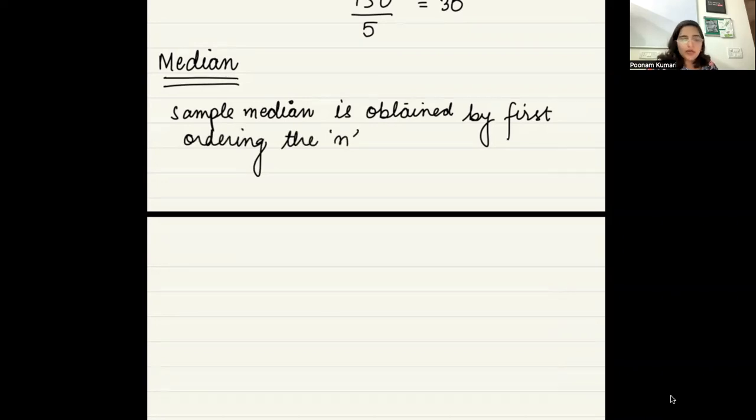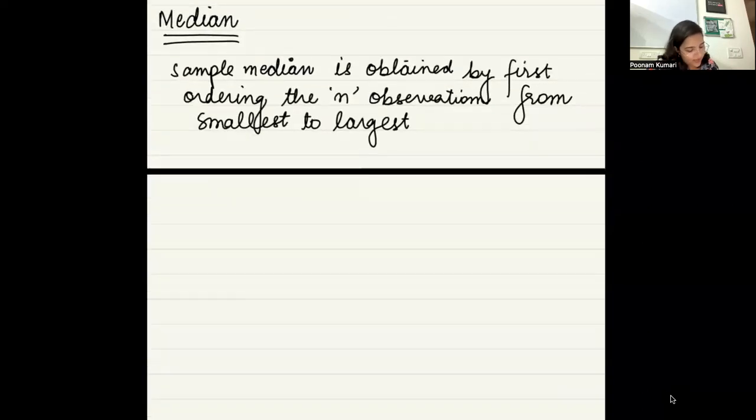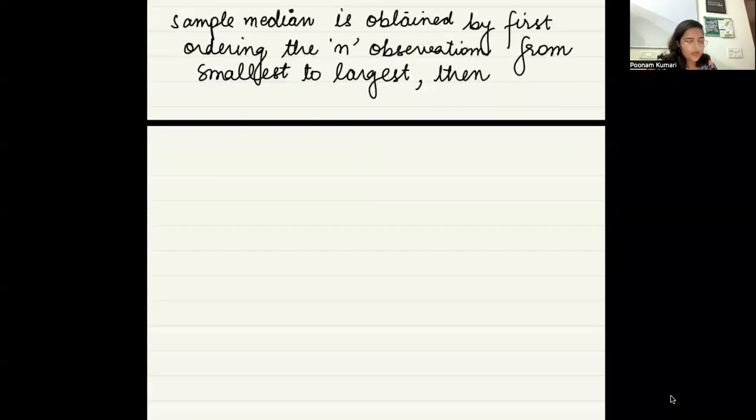You first order the n observations from smallest to largest, right? So smallest value, then bigger, then bigger, and then the largest value. And after that, then you have to do the following. Sample median is represented by this term. Okay, this is the symbol for sample median.